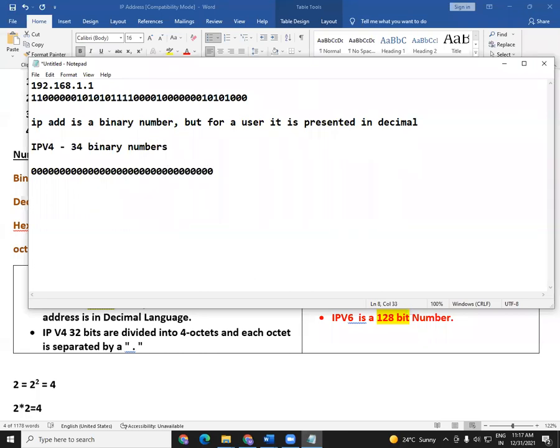These are totally 32 bits, and each can be zeros or ones. Okay, so these are totally 32 binary numbers.